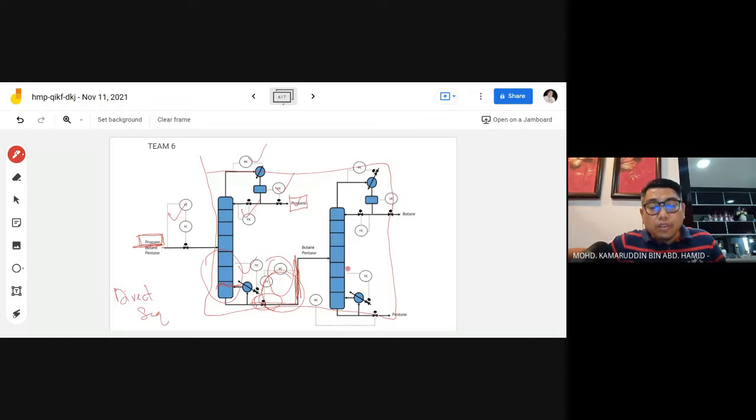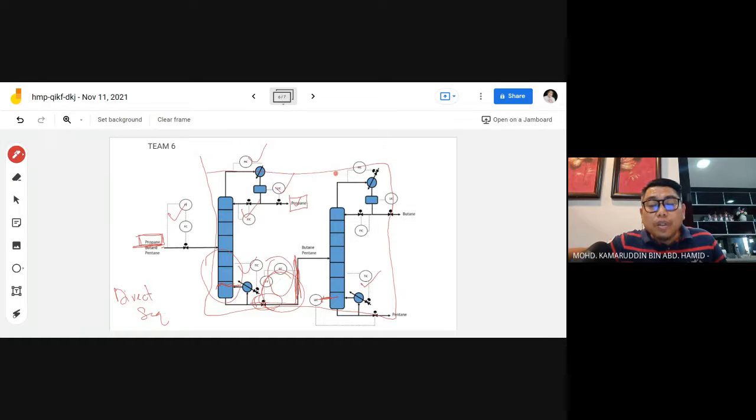Now we go to the butane pentane column. This one is correct, you control level. You should measure here, at the bottom of the column, the bottom stage. You maintain the level here to maintain your mass balance. You use the temperature at the bottom to maintain the bottom product purity, right?